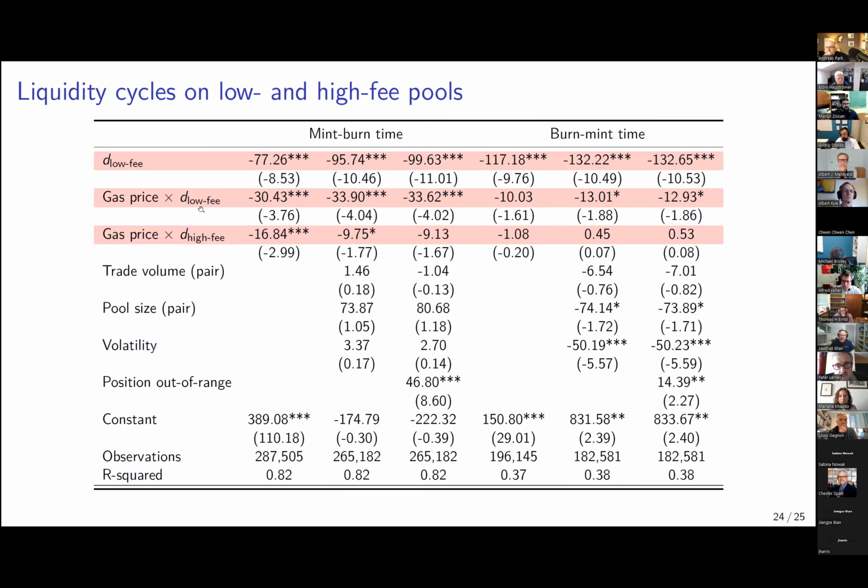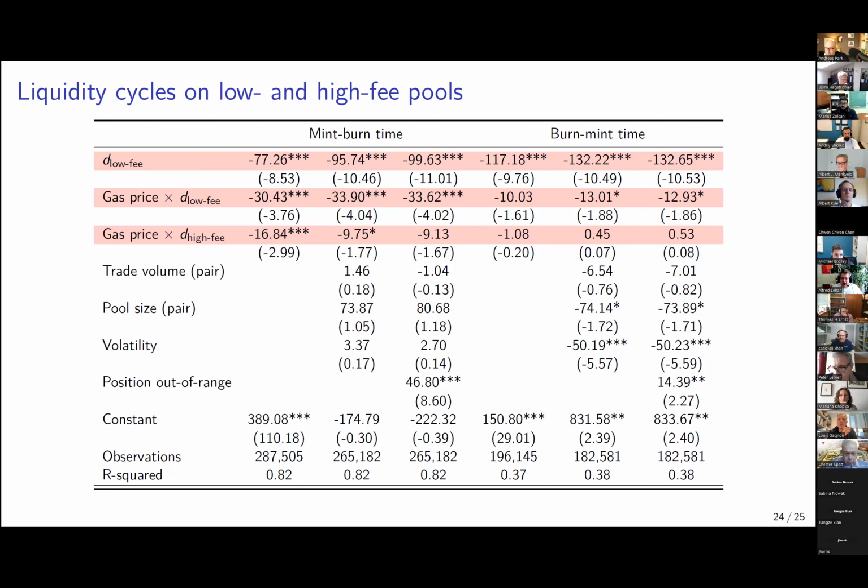How is this affected by gas prices? Well, you can see that if gas price is high, the liquidity cycle on the low fee pool actually gets shorter, right? And this is because people migrate from the low fee pool to the high fee pool.